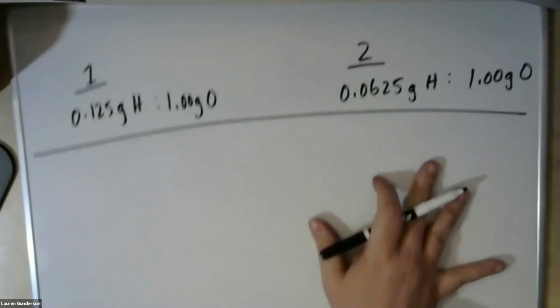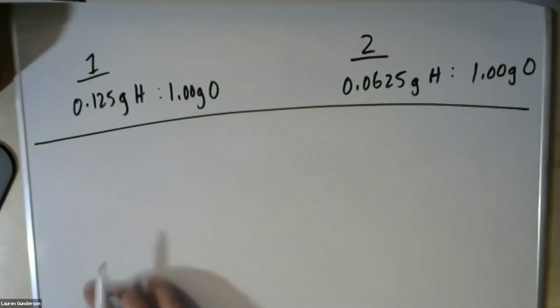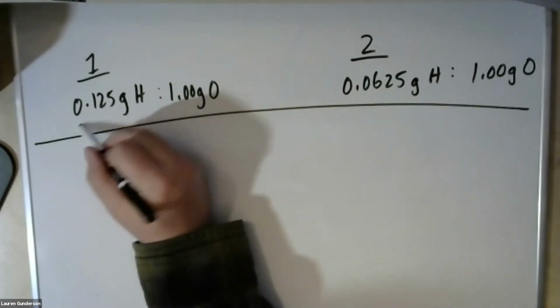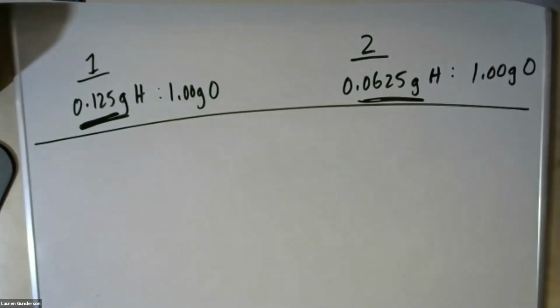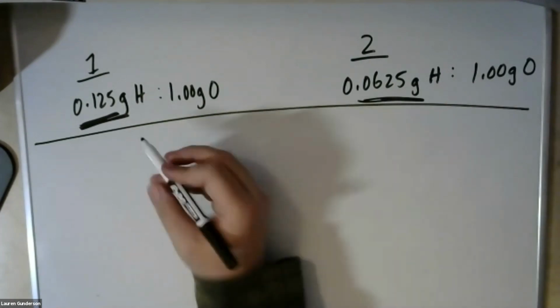So these are our sample breakdowns. So now from here, I'm going to focus in on the hydrogen because the hydrogen is not 0. And I'm going to divide the bigger one by the smaller one.